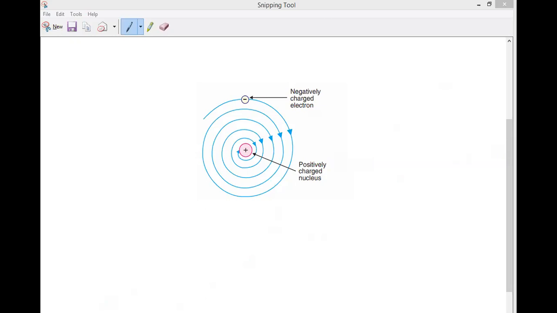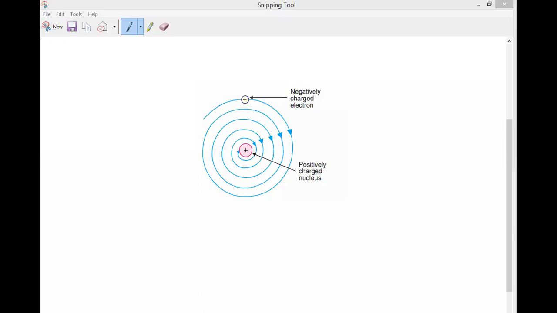So please write it. If a charged particle undergoes accelerated motion, because circular motion is accelerated only, correct or not? Then it must radiate energy.